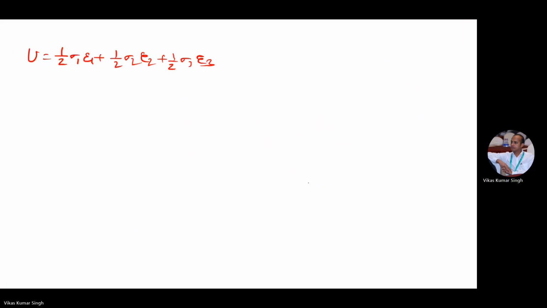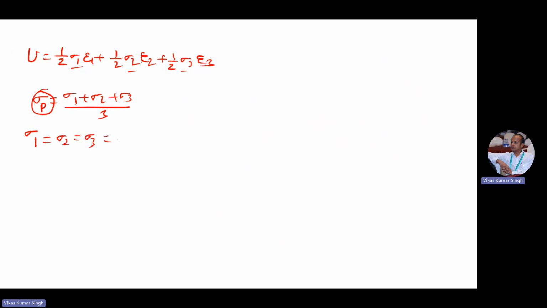Now we just have to replace this sigma 1, sigma 2, sigma 3 with sigma p, and sigma p is sigma 1 plus sigma 2 plus sigma 3 by 3. Now our sigma 1 equal to sigma 2 equal to sigma 3 equal to sigma p in case of hydrostatic.